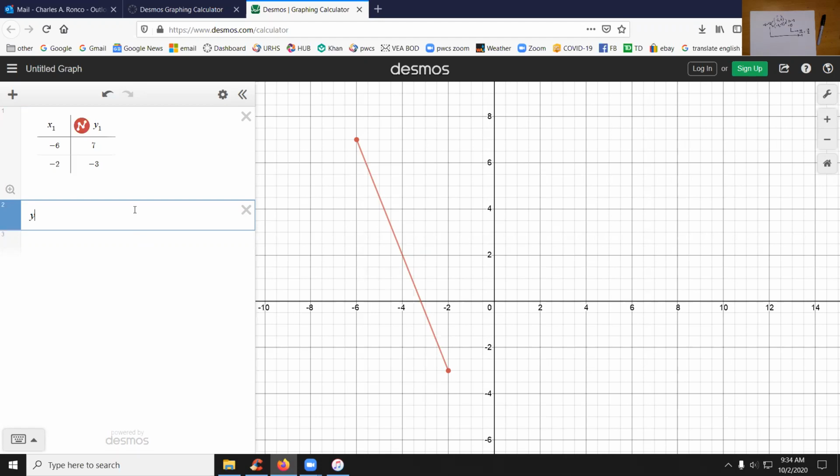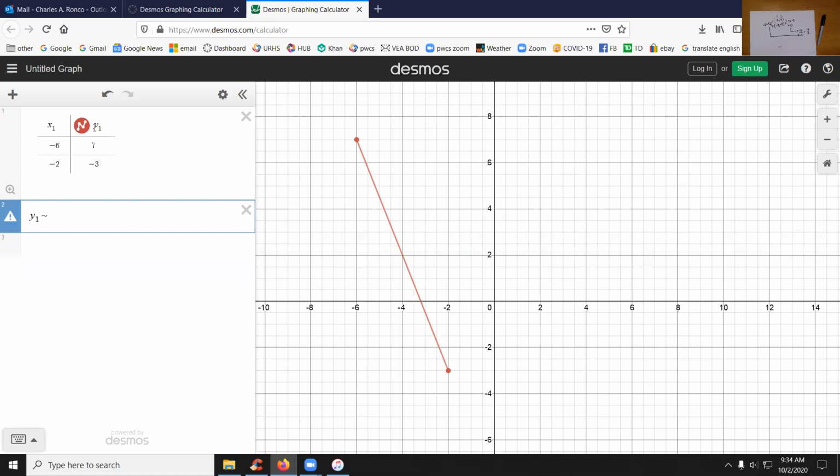Type Y1, and you'll notice that the 1 immediately goes down below, like a subscript, like the Y1 in the table. And then we're going to use the not sign. Remember last unit we had the negation symbol. It was this guy, and it's right next to escape, or the 1 key.